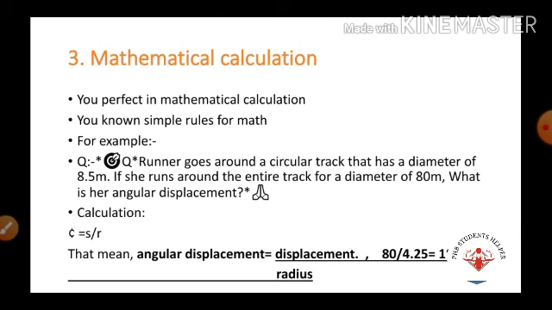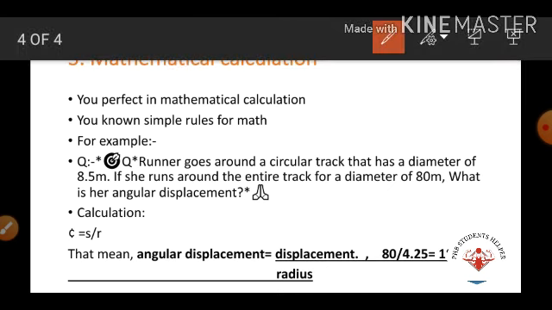We know the formula theta equals s by r, that means angular displacement equals displacement upon radius.